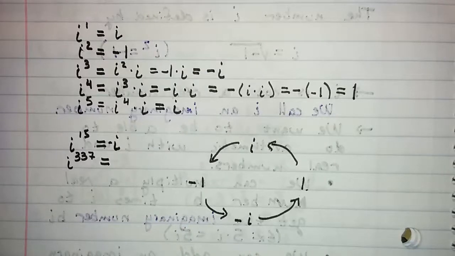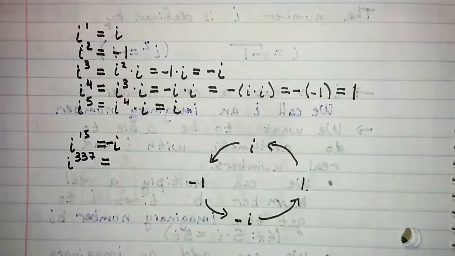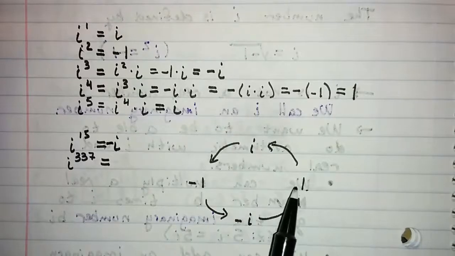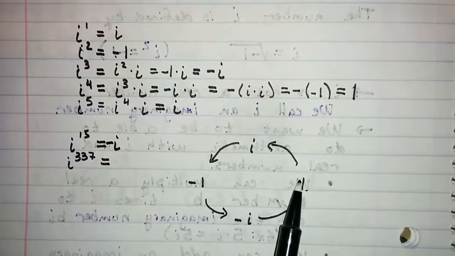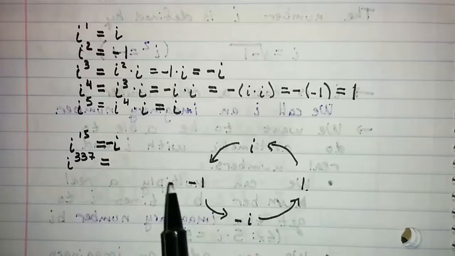Let me think about how this worked out. Right. I have i to the 15th back here. That means I went the whole 4-step circle a few times, and then some extra steps.